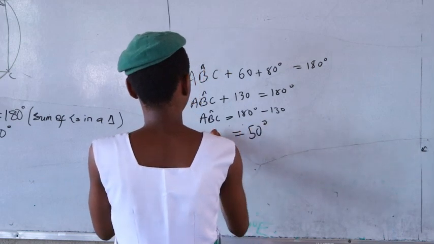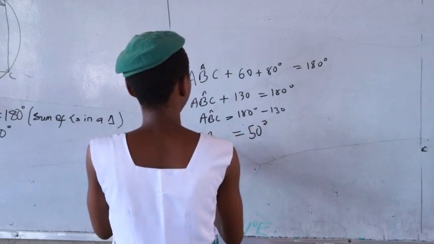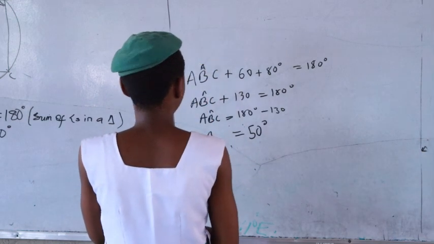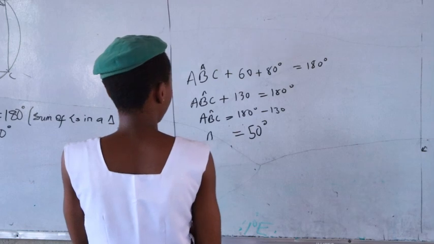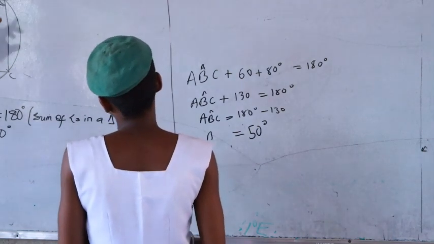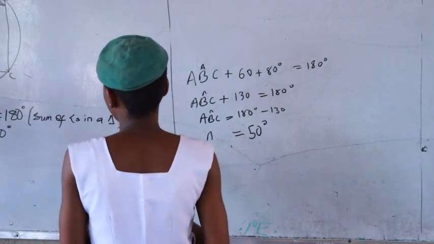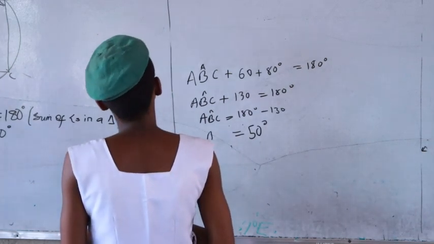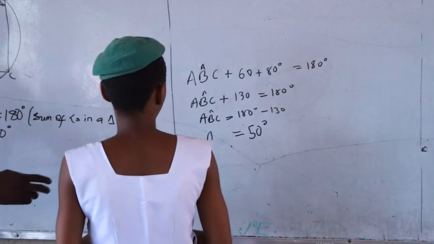Now, which theorem is this? Which theorem did you use then? You said ABC plus 60 plus 80 equals 180. Now, when you have ABC plus 60 plus this one equals 180, is that the triangle again? Bring the marker.